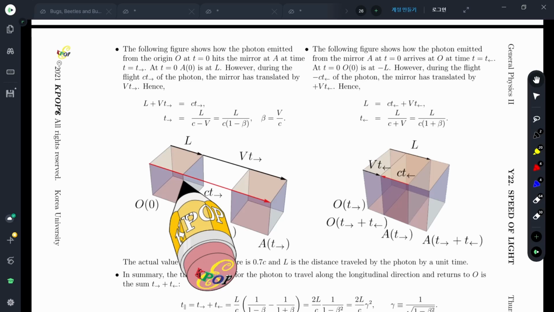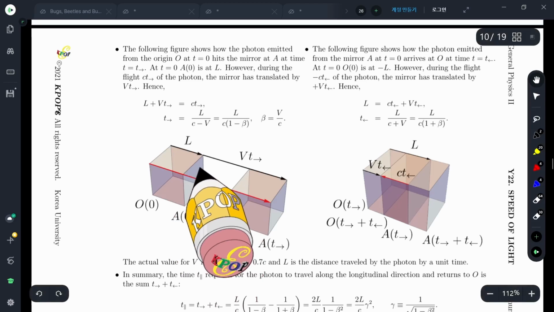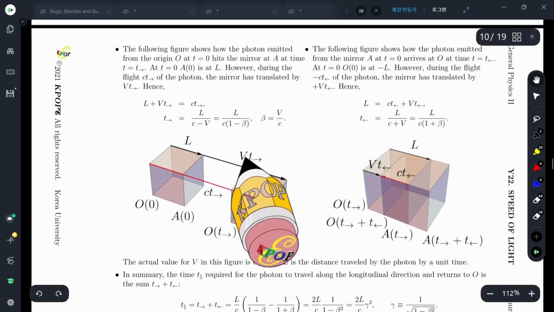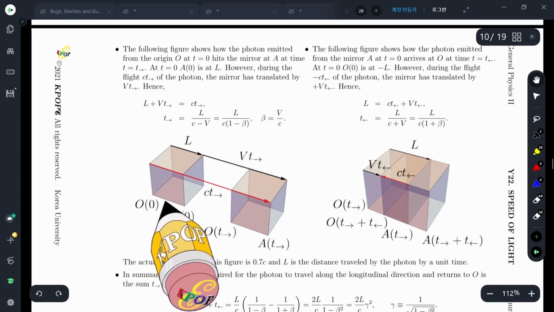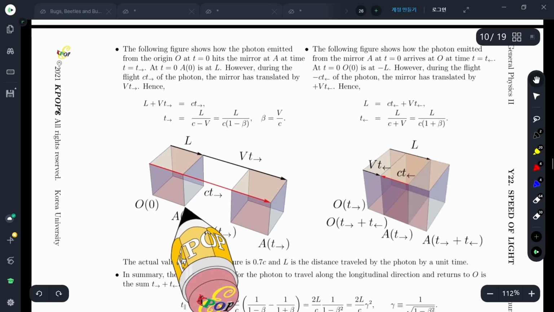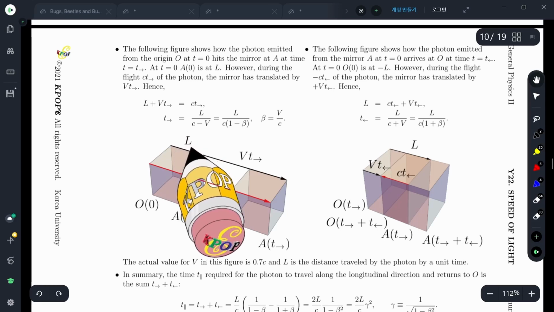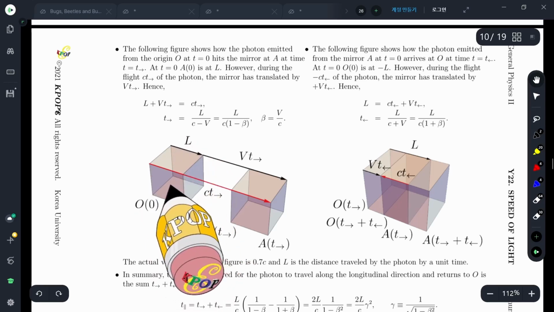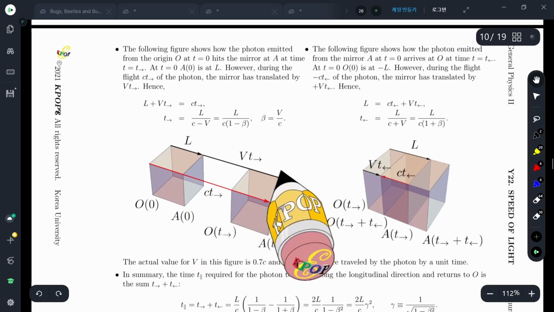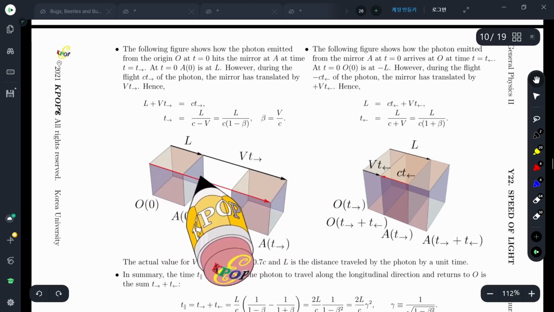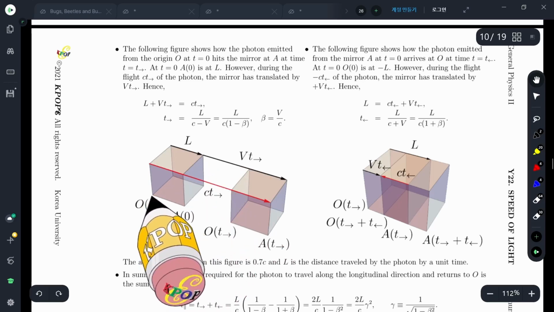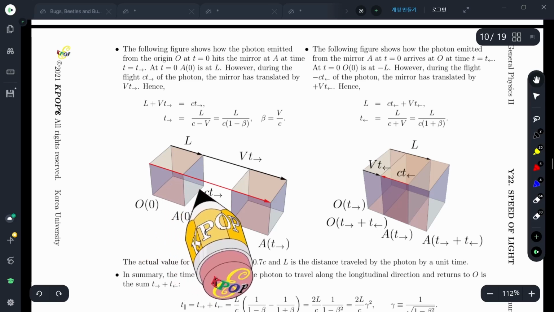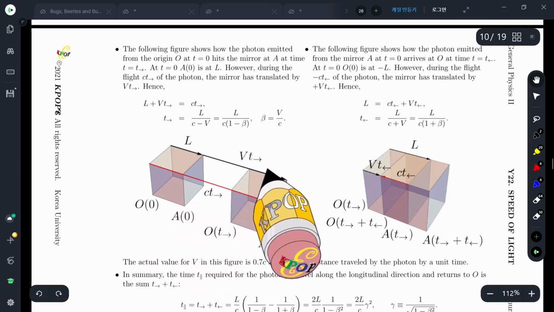In the ether rest frame, the mirror on side A is moving with a velocity capital V, and the original distance between O and A, the starting point and the place where the mirror is placed, is fixed to be L. Because everything fixed on the Earth is moving with the velocity capital V, this cube represents the mirror and starting point. They are translating with the velocity capital V.